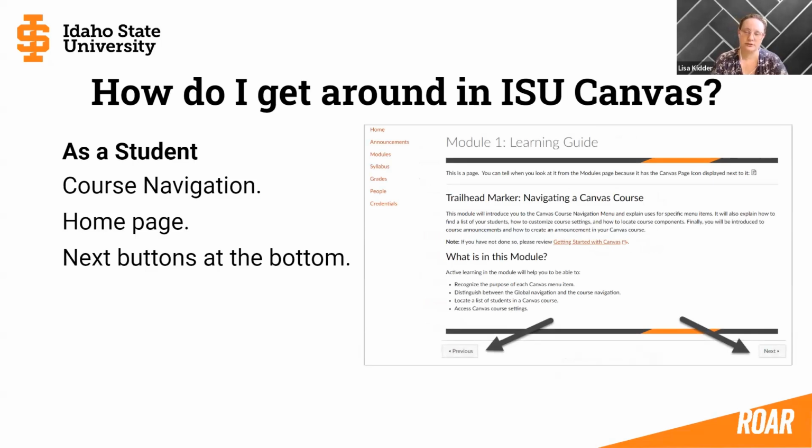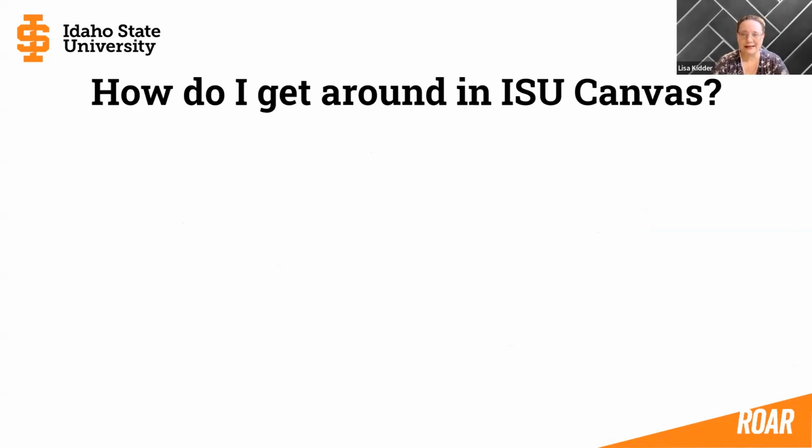Again, you still have that course navigation on the left, and then you can always go back home and you can go through those other views as well. But course navigation, homepage, and then your next and previous buttons are going to be your vital navigation in a course as a student.